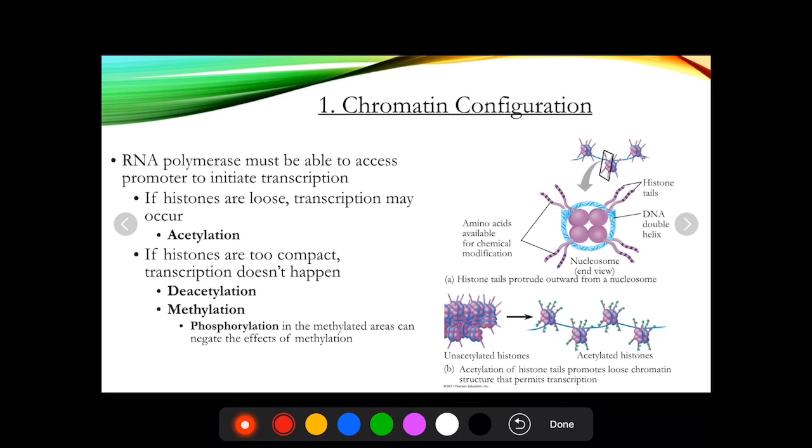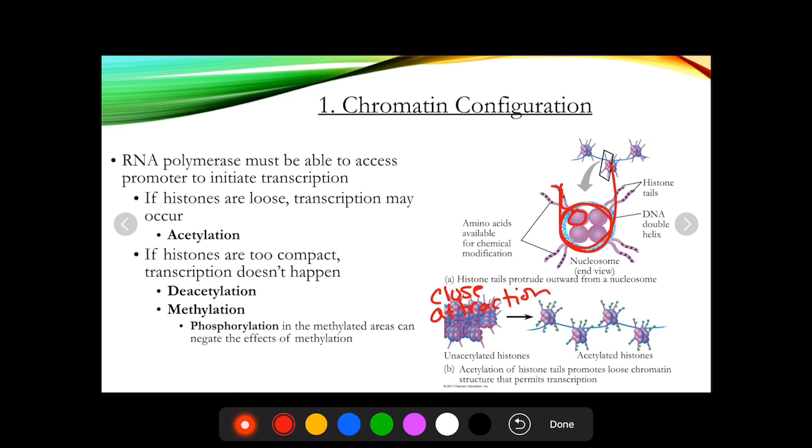Okay. So I already talked to you about histones. These are the histone bodies, these are the histone tails, and they kind of shoot out sideways from the center of the nucleosome. DNA gets wrapped around and then moves on. Anything that condenses those histones, that attracts histones to each other more closely, like this, right?